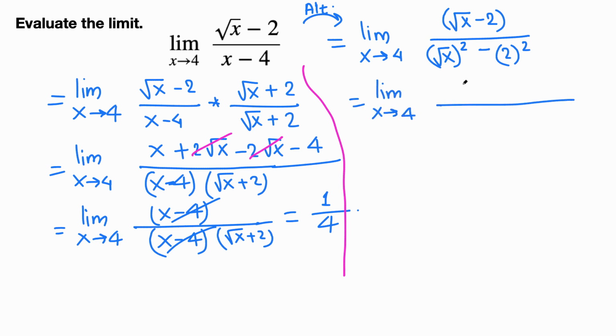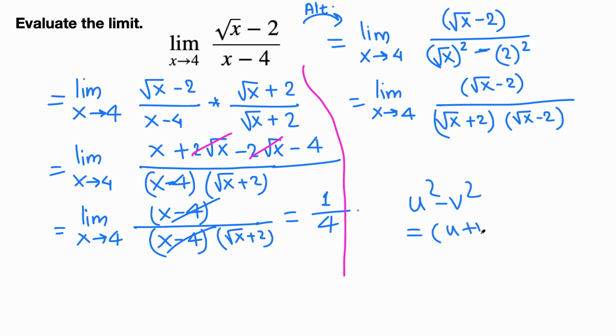Now we can factor the top. I'm just putting parentheses around. On the bottom we got a difference of two squares, which is root x plus 2, root x minus 2. When we factor a difference of two squares, like u squared minus v squared, that's u plus v, u minus v.